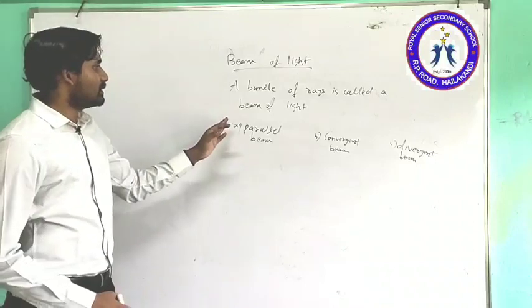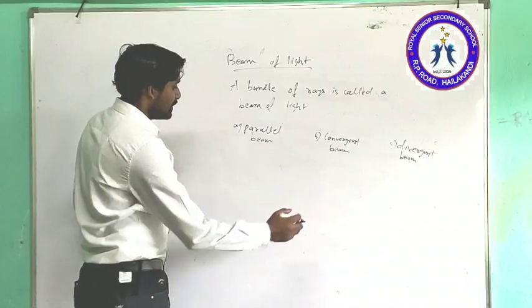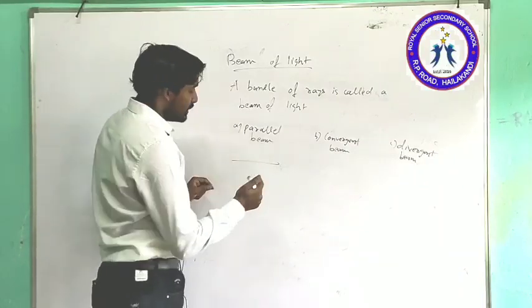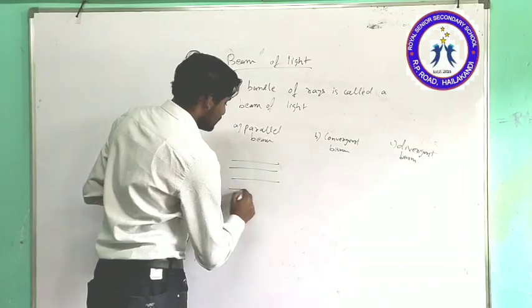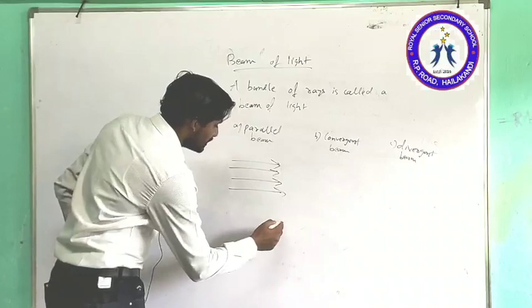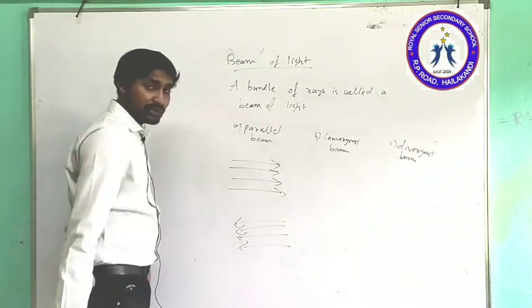We know that a bundle of rays is called a beam. In a parallel beam of light, all the rays which form the beam will be parallel. Either in this direction or in that direction, any way, because the arrow indicates the direction of propagation of light.